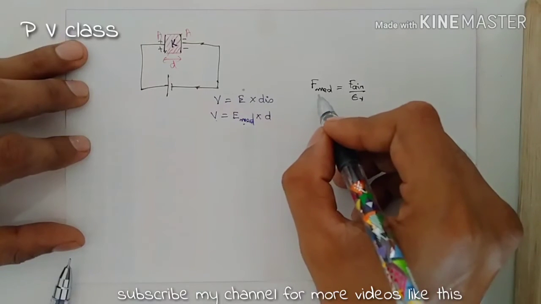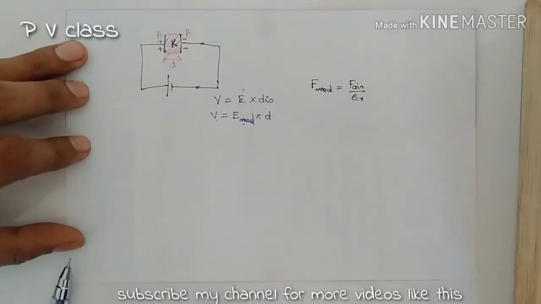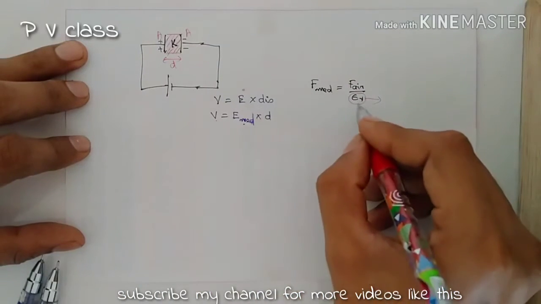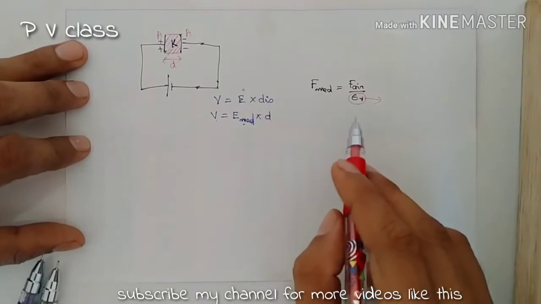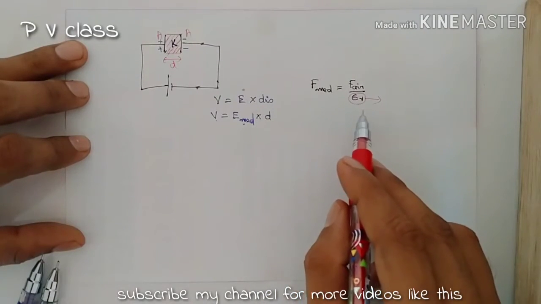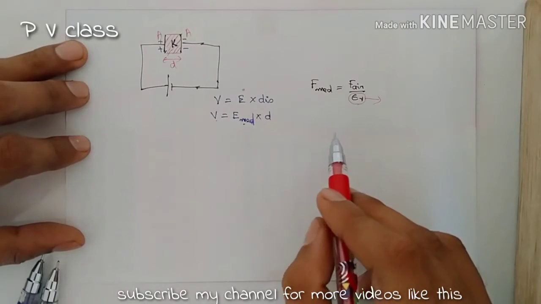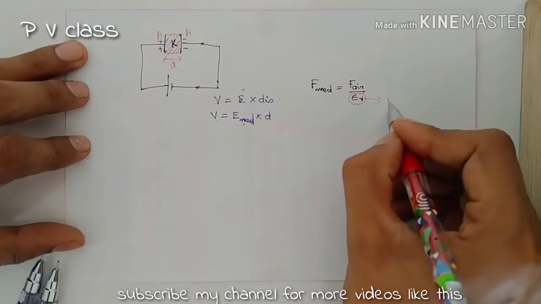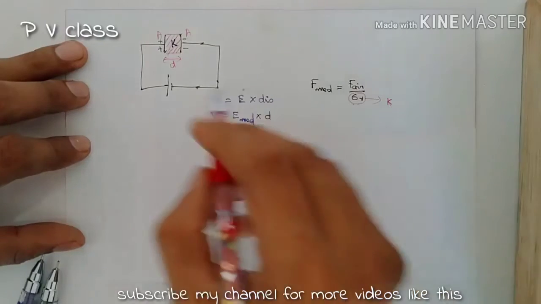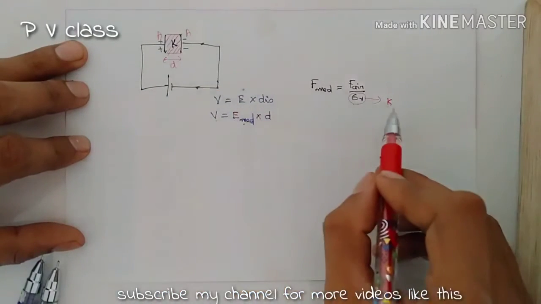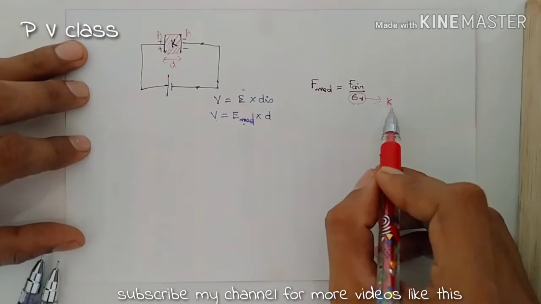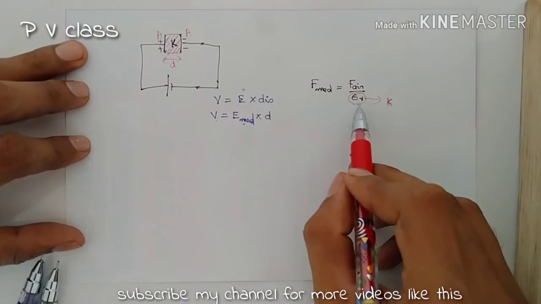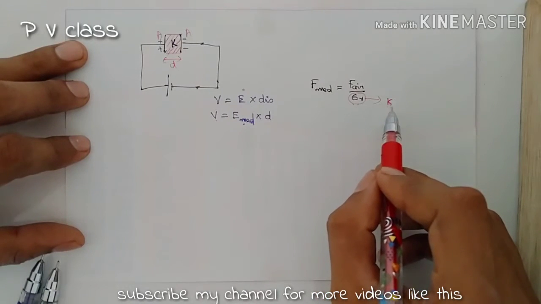This epsilon r is the permittivity of medium, relative permittivity, or dielectric constant. In this case we will denote epsilon r by a letter K. K is dielectric constant, which is epsilon r itself, but in this case we are representing epsilon r as dielectric constant K.